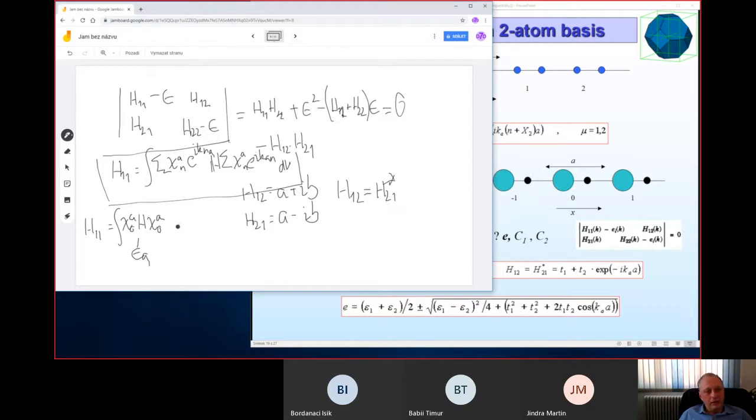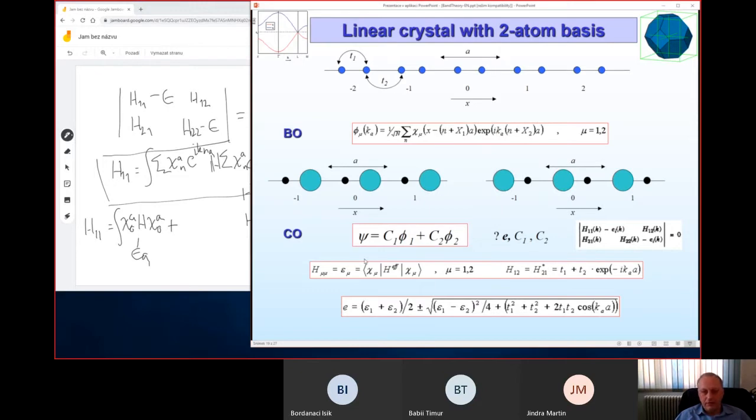But now what we have more, I think nothing else. No, nothing else, because it is shown here. It is really only because if this orbital interacts with itself, we have only this matrix element.